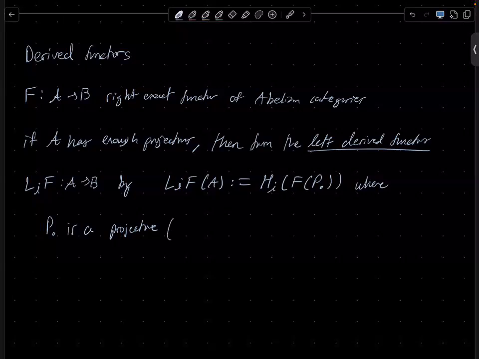And okay, it can be projective or something called F-acyclic, which I will also define once I'm done writing this.